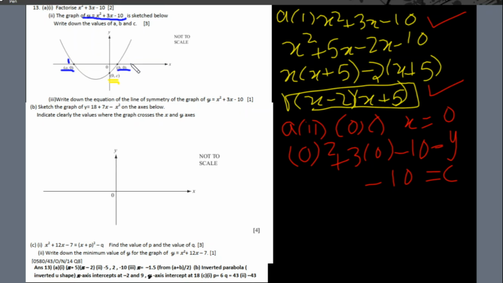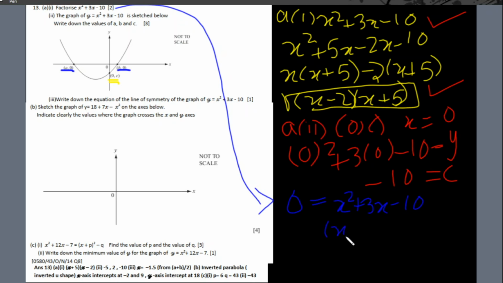So substitute y equals 0 here. 0 equals x squared plus 3x minus 10, and we've already factorized that: (x minus 2)(x plus 5) equals 0. So the two values of x are x equals 2 and x equals minus 5. So a would be the negative value because it's to the left. So a equals minus 5 and b equals 2.